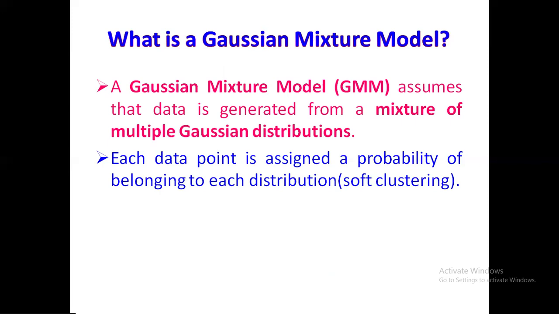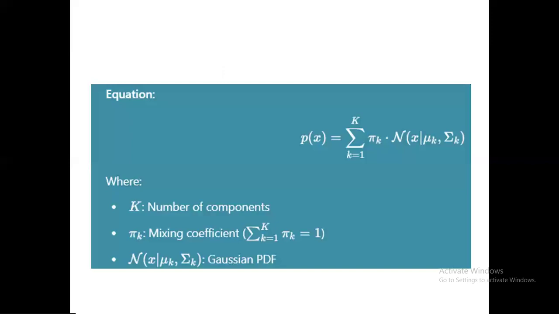single distributions. So we can represent the GMM mathematically as P(x) = summation k = 1 to K of pi_k times N(x | mu_k, Sigma_k), where N represents the normal distribution, K represents the number of components, and pi_k are the mixing coefficients, where the sum of pi_k from k = 1 to K is equal to 1.